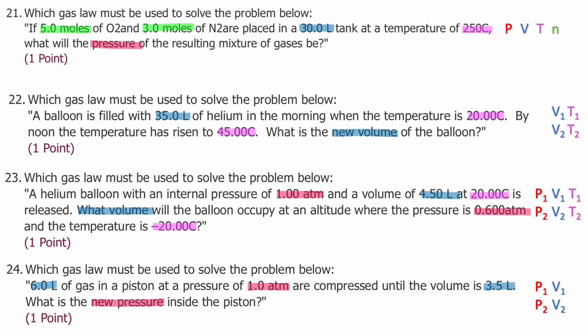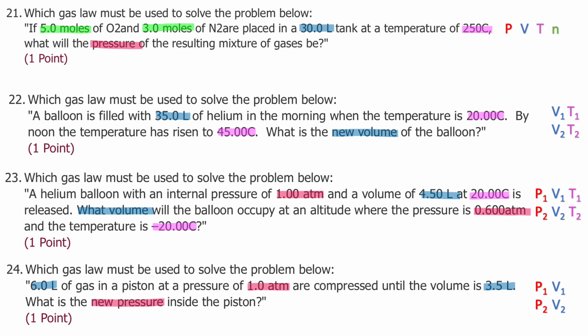So on this last slide, it's basically just asking you which law you would use for each situation. In 21, you can see that we're given moles. You're given the moles for each individual gas. However, at the end, it's asking you about the mixture of the gases. So your N value here would actually be 8 moles because you're adding them together. Then you're given a volume, a temperature, and asking for pressure.